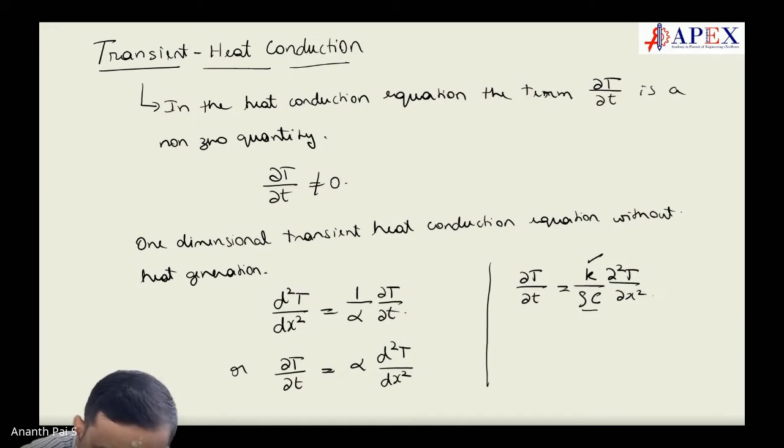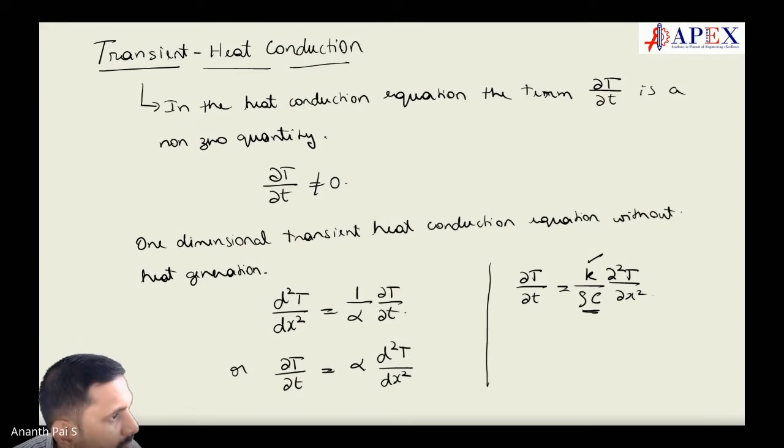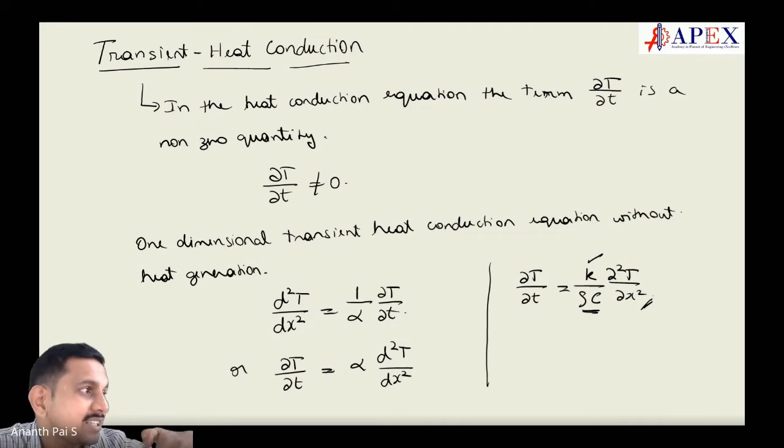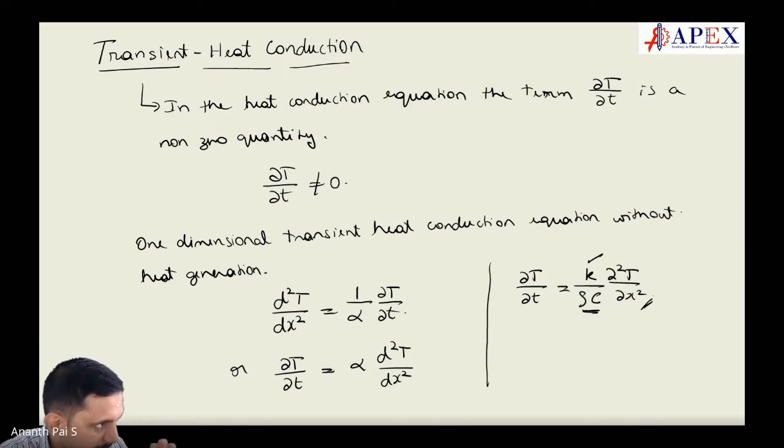When rho C is big, dou T by dou t is slower. What does this imply? This implies the rate of change of temperature gradient.